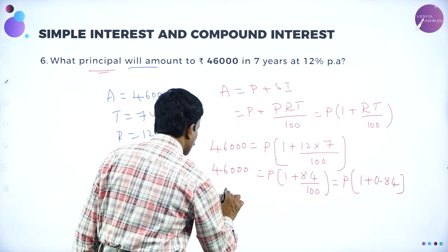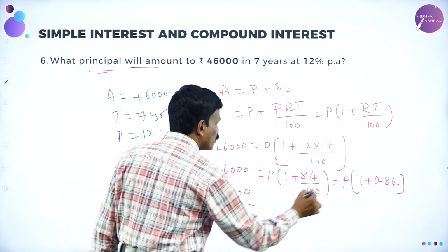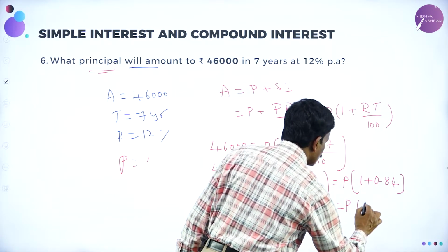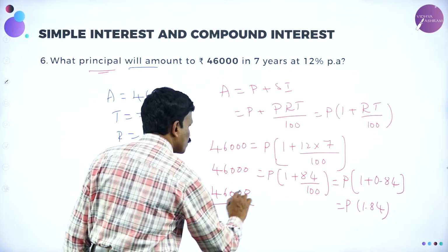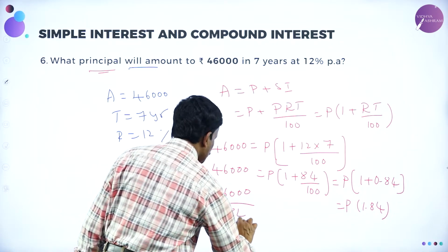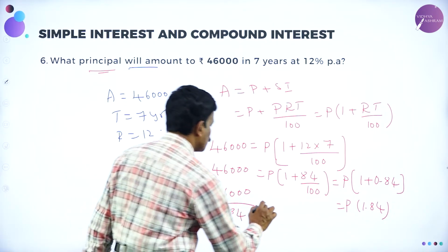So that is 46,000 divided by, if you add, 1.84. So the principal P is equal to 46 divided by 1.84. If you divide, you will get 25,000.